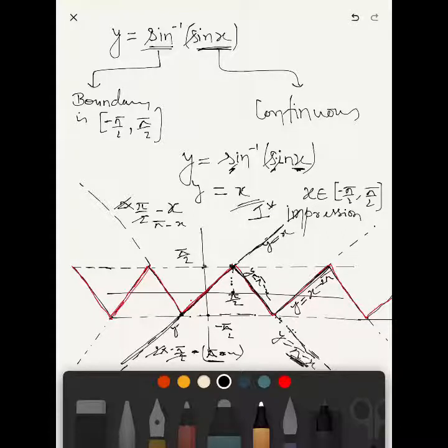And what is this line? Nothing but y equals x, isn't it? This line is y equals x. So when you fold here, the equation of this graph will be y equals what? 2 into boundary means minus pi, okay, and minus the function, minus pi minus x, okay.